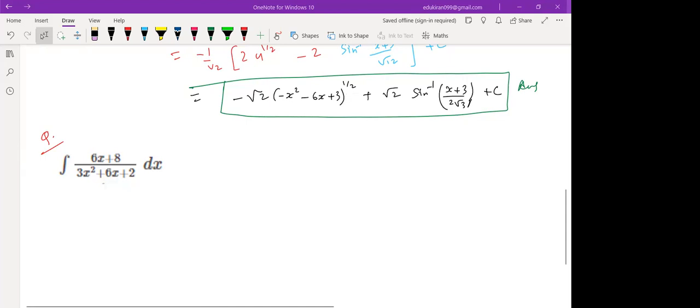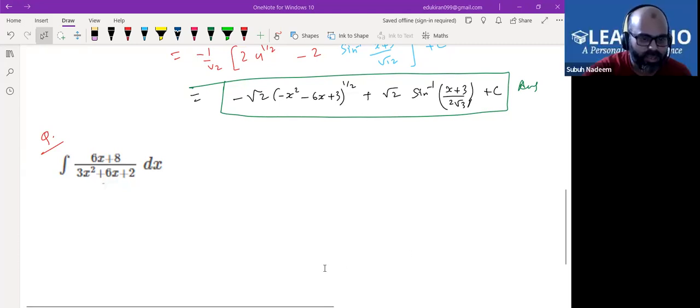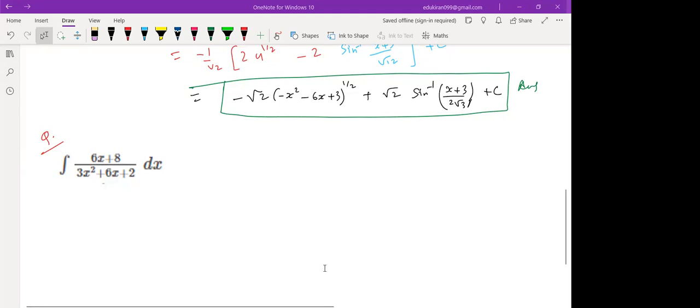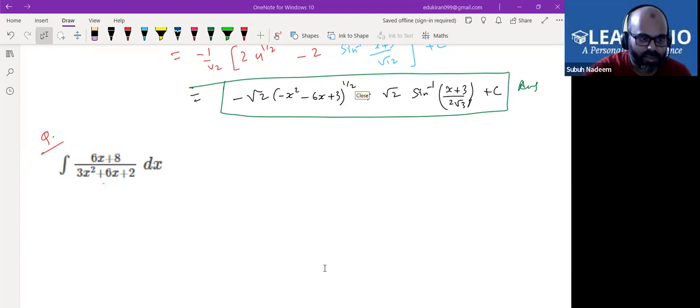Sir, can you hear me? Yes. Yes, Shavaz, are you saying something? Can you show the formula of dx by x square plus a square? Yes, yes.